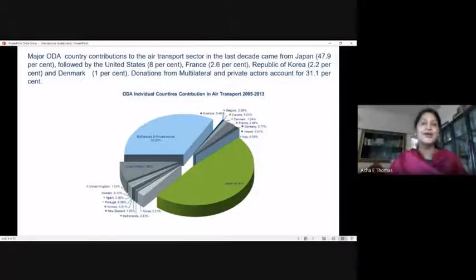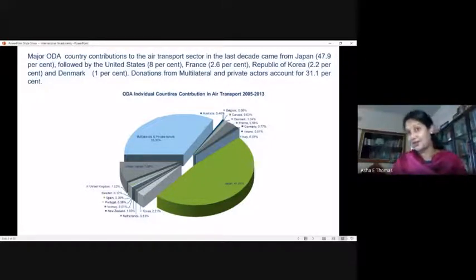Now, this is a list. Again, I couldn't get the recent one. This is ODA assistance extended to air transport during the period of 2005-13. You can see the major ODA country contributions to the air transport sector in developing countries.